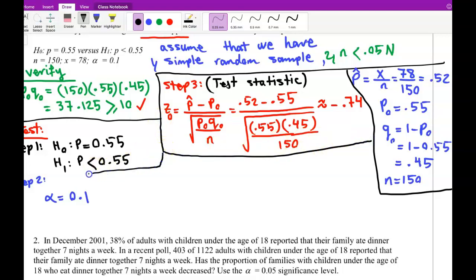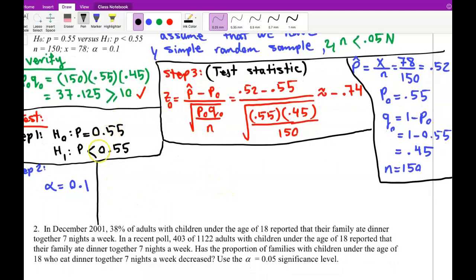Then we're going to work on step 4. Here in step 4, we need to find the p-value, and in this case we have a left tail.